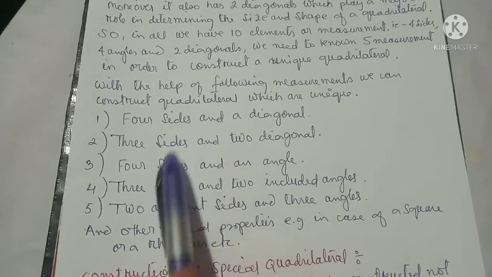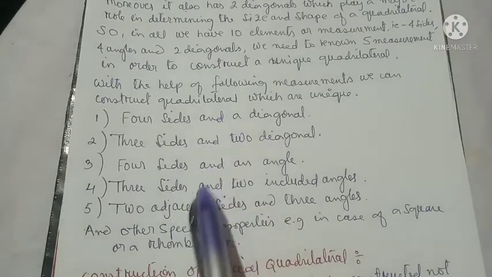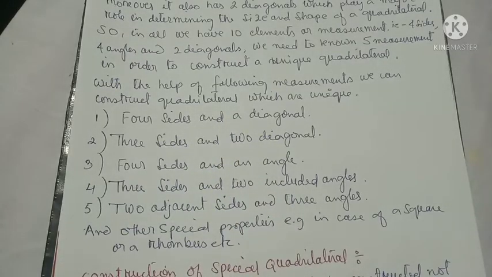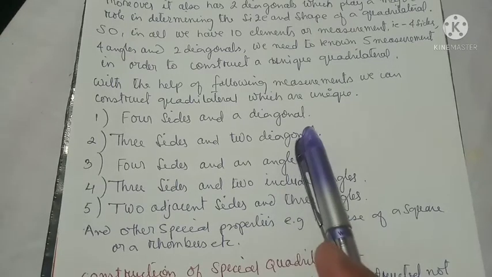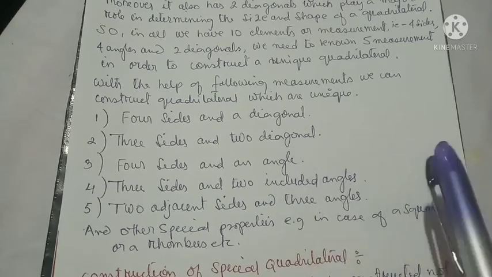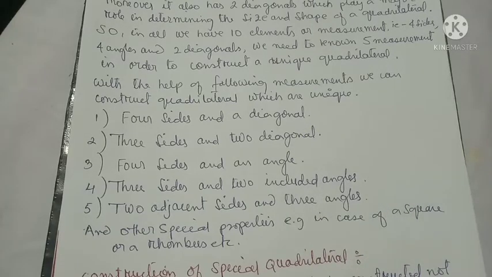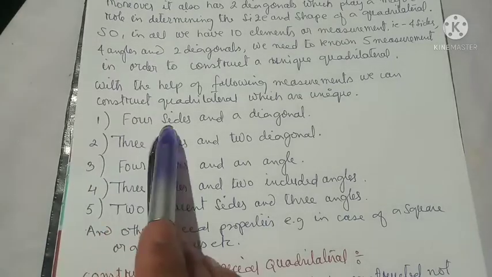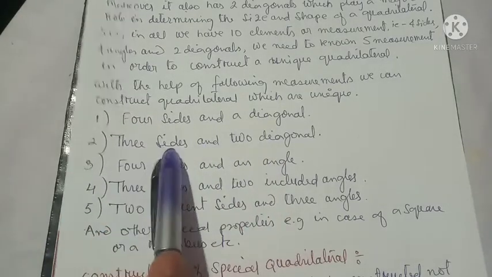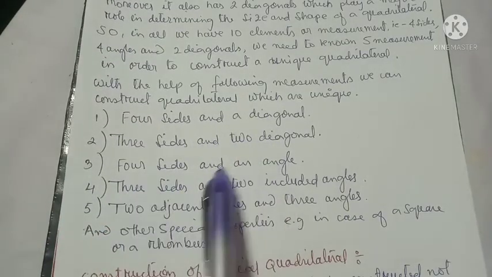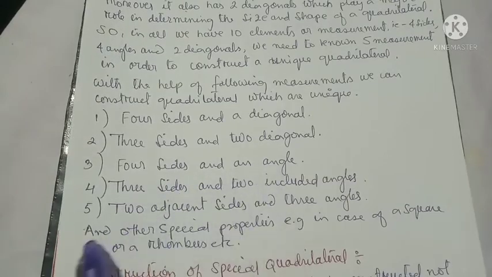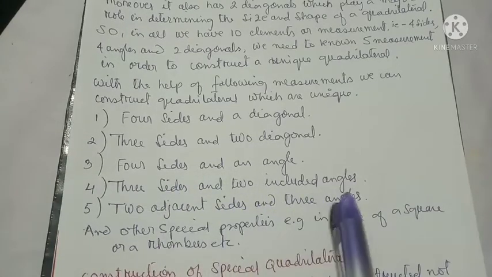There are 5 sets of elements which make the quadrilateral unique. These are the 5 points that we have to remember: 4 sides and a diagonal, 3 sides and 2 diagonals, 2 sides and 1 angle, 3 sides and 2 angles, 2 adjacent sides and 3 angles.